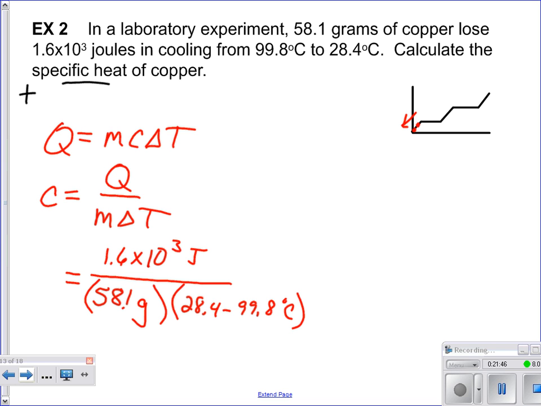And on this one, this, by the way, happens to be negative 71.4 is what you get there. All right, any answers on that?